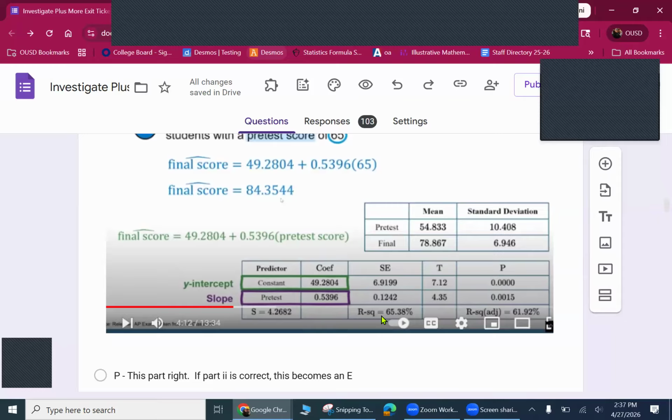The other part is a little trickier. You have to interpret this 4.2682, which if you don't know what it is, there's no hope. What that is, literally, is the standard deviation of the residuals. It is how far the actual data points are vertically from the line of best fit.